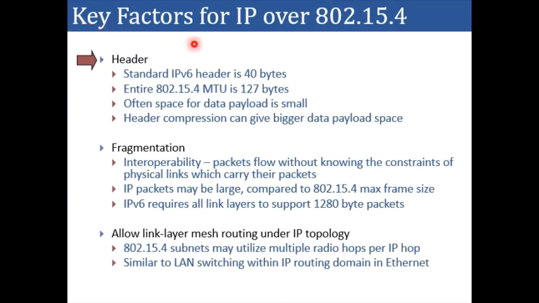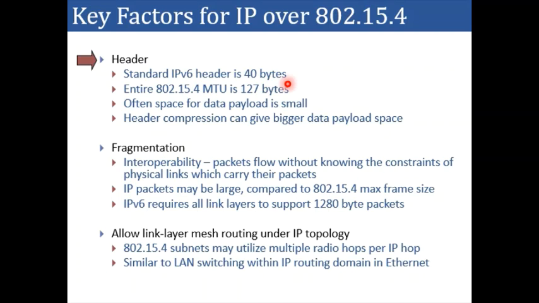Now, the key factors for IP over 802.15.4, that is 6LoWPAN. There are three major factors which we have to consider to make an IP-enabled 802.15.4 architecture. First one is the header, where we are utilizing the standard IPv6 header.